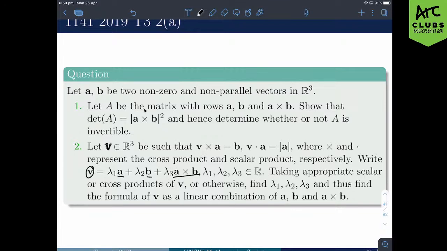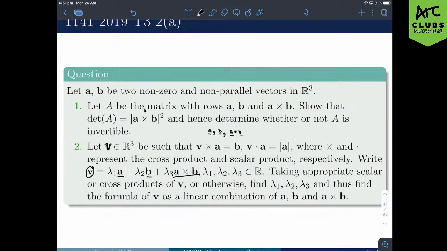So V dot A equal to B tells us that A and B are perpendicular or orthogonal. So that's something to work with. If A and B are orthogonal, then A, B, and A cross product B are mutually orthogonal.